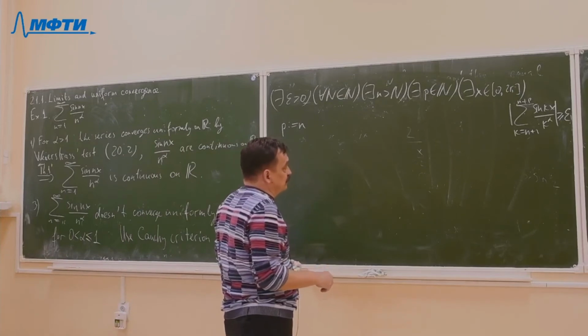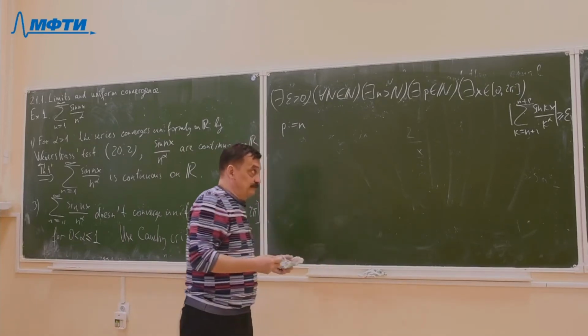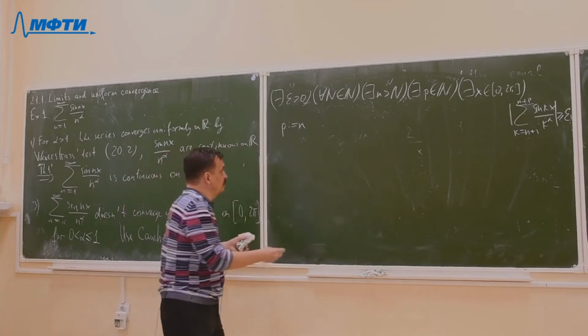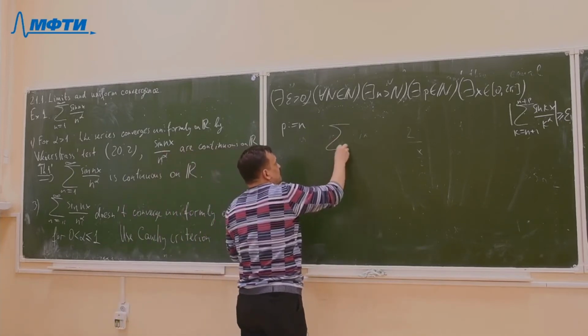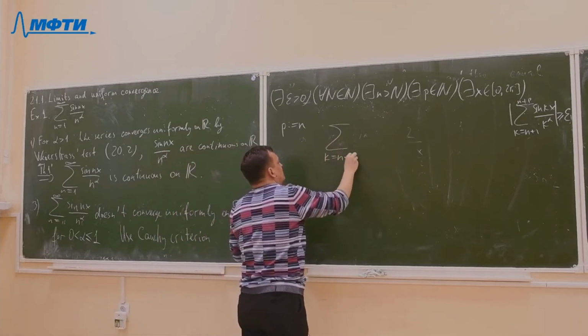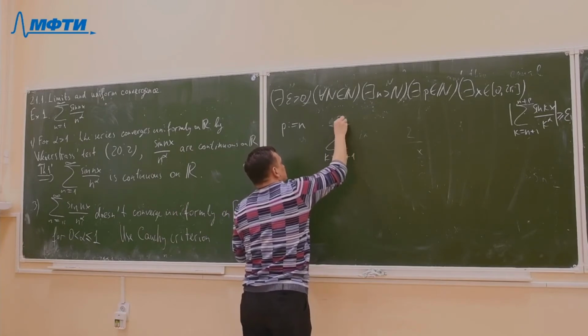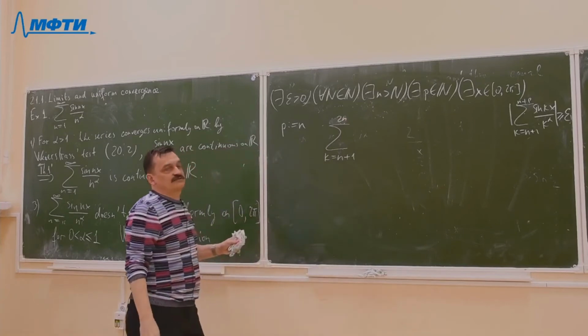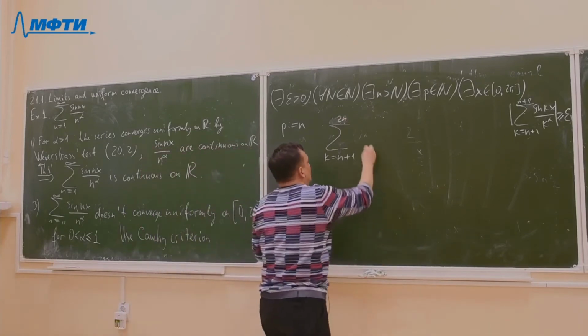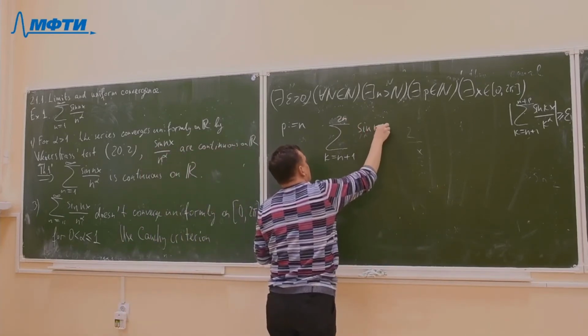Then, look, next point. I want to estimate now this sum from below. With p equals to n, I have just 2n, right?